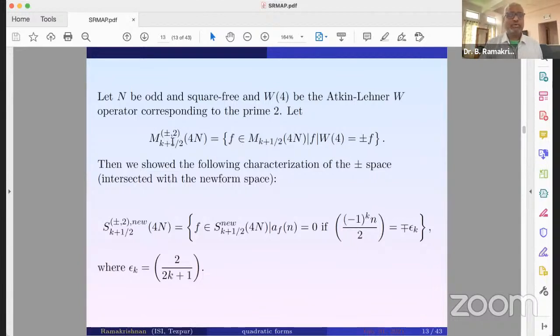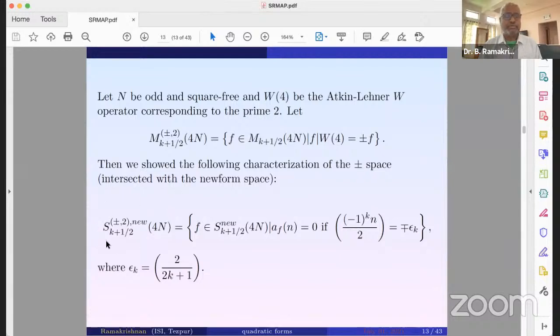Then one can characterize the space in terms of the Fourier coefficients. The characterization is done if I intersect this with the newform space. When n is odd and square free, there is no newform in the case of the non-cusp form, and therefore that Eisenstein series part. Therefore, we need to intersect this with the newforms, so we have the cusp form space S_k^+ with plus minus 2 intersected with the newforms of level 4n.